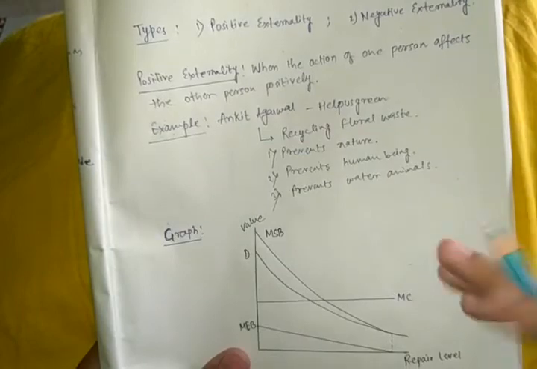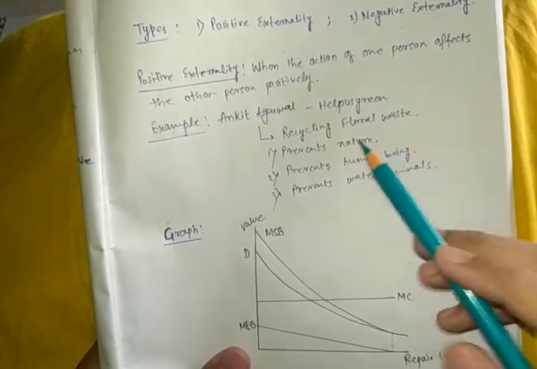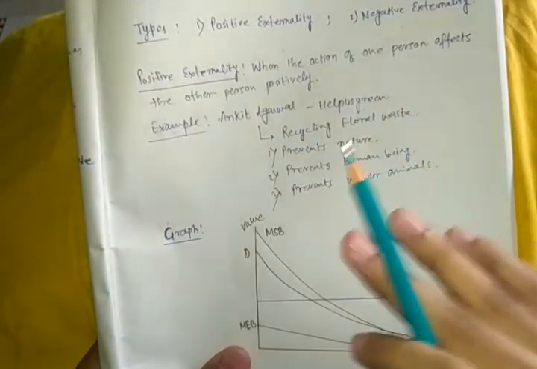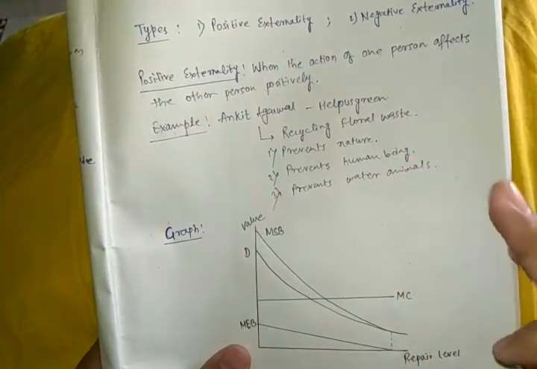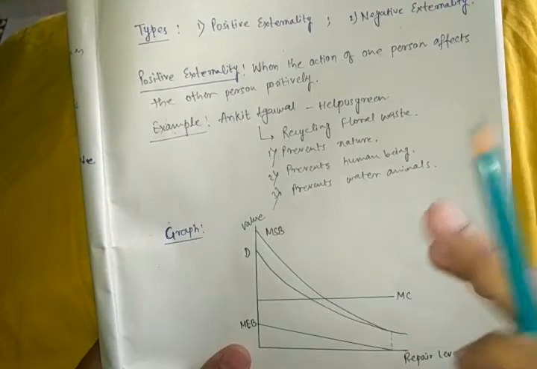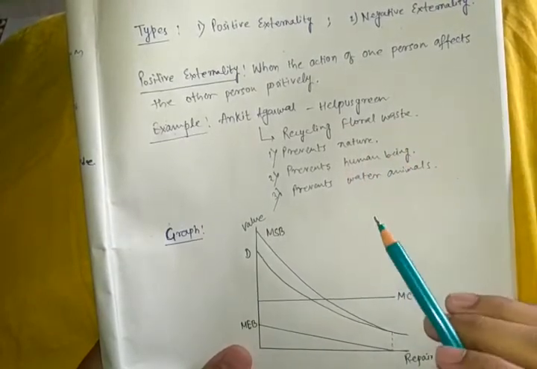Now, how does Ankit Agarwal's vision affect the environment and other people positively? Here is the example of externality.